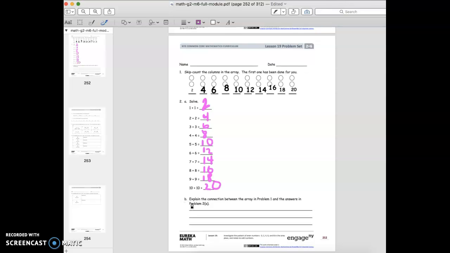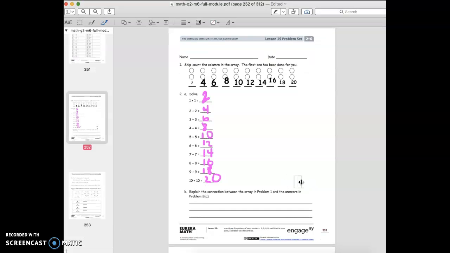Now, 2b says, explain the connection between the array in problem 1 and the answers in problem 2. Well, oh my goodness, let's see. If we just look at these answers, they line up exactly the same as these do. So, when it says explain the connection, it's that they are the same exact numbers, right?